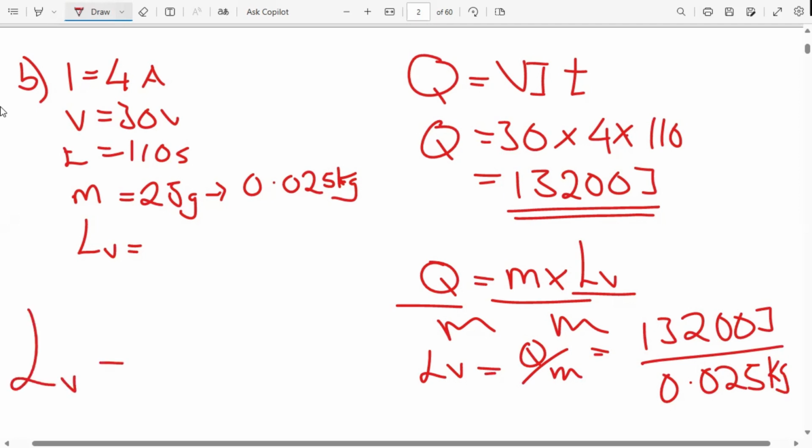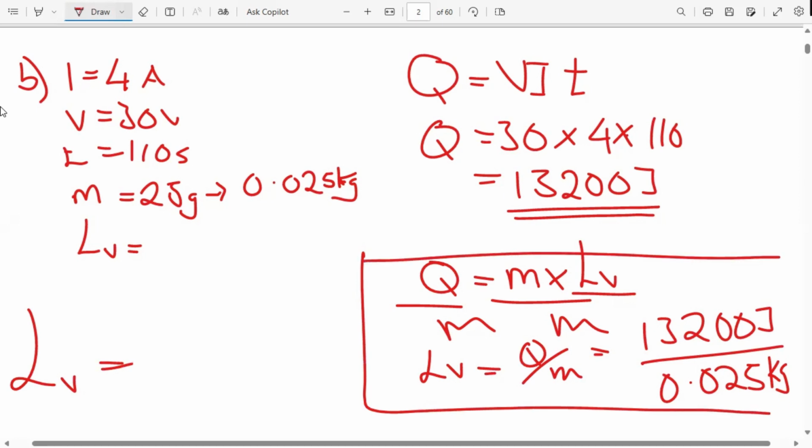Just write it on the left. I'm going to get my LV as 13,200 joules divided by 0.025 kilograms. And this is actually going to give me 528,000 joules per kg.